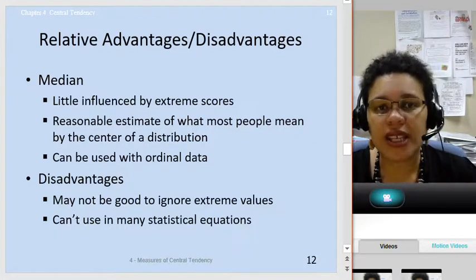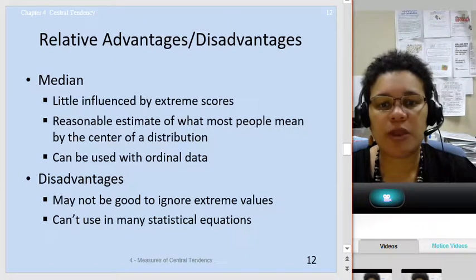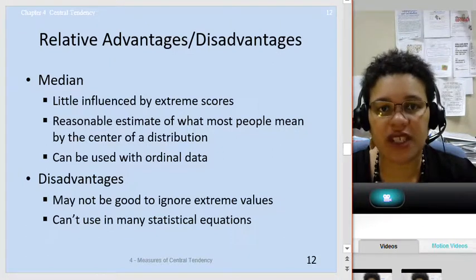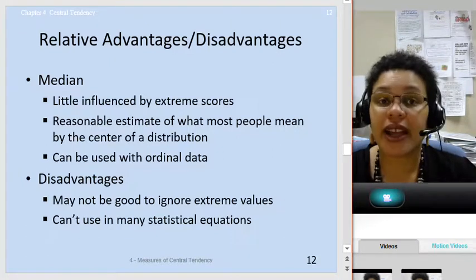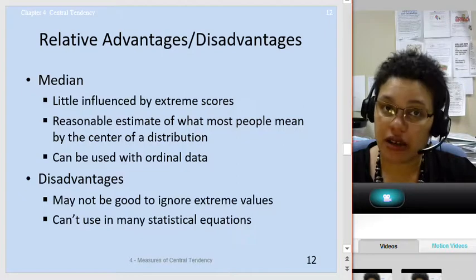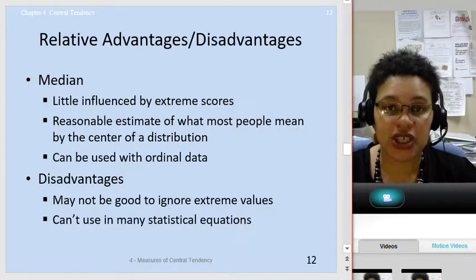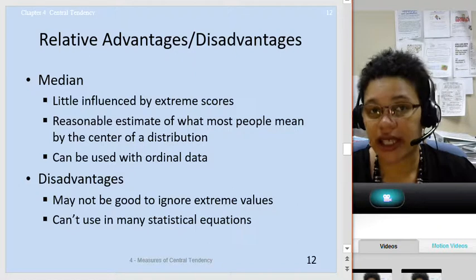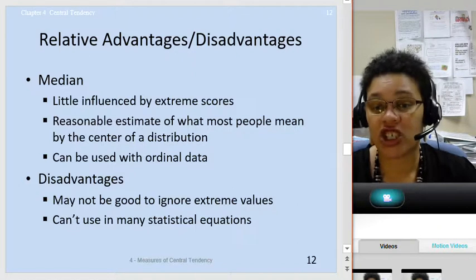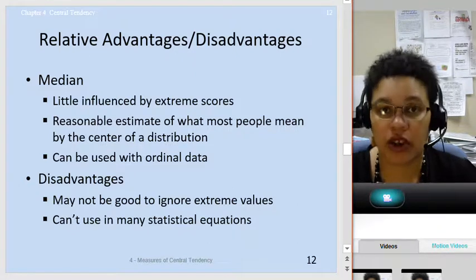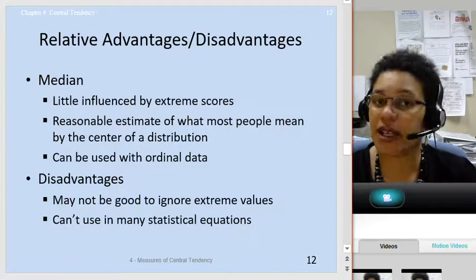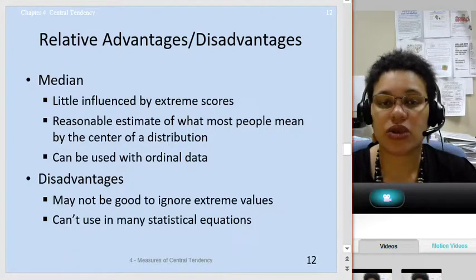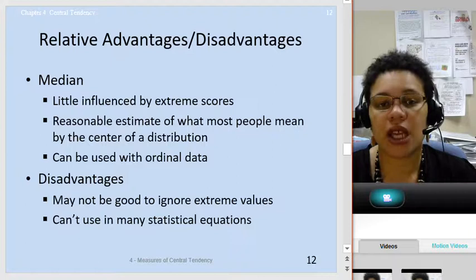The median is a reasonable estimate of what most people mean by the center of a distribution. Also, it can be used with ordinal data. You can find the center with categorical ordinal data. It doesn't have to be continuous data to use the median.